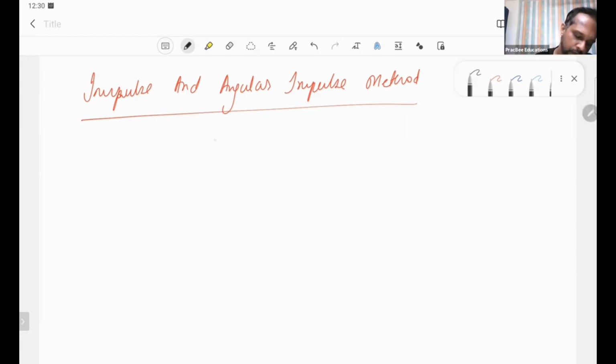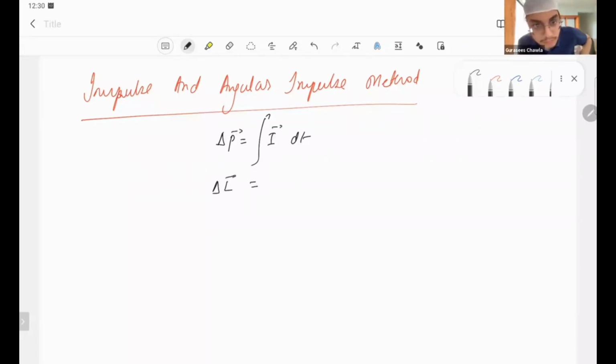So you know that impulse, that is change in momentum, is INDT or some force IDT, impulsive force. Yes. Okay, this is how it is. In the same way, delta L, that is angular impulse, is L, or we say JDT.